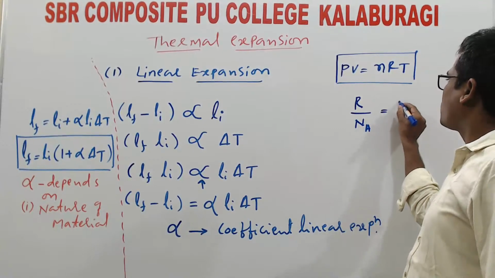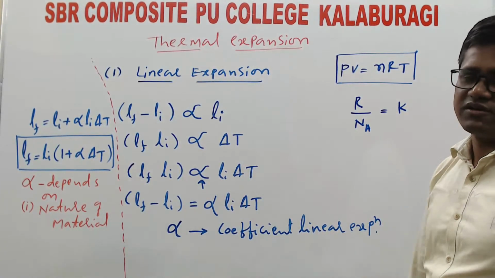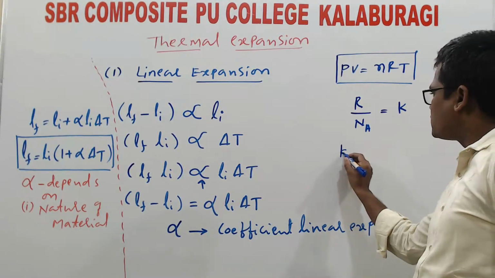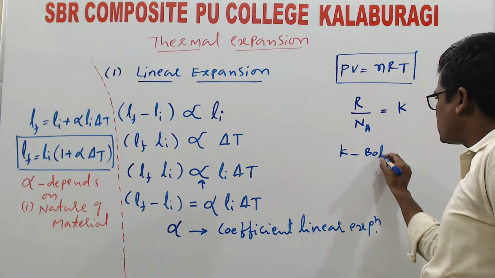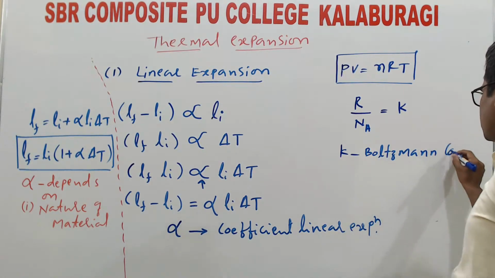If you do that, you will get one more constant. What is that one more constant? The Boltzmann constant. So here K is the Boltzmann constant.